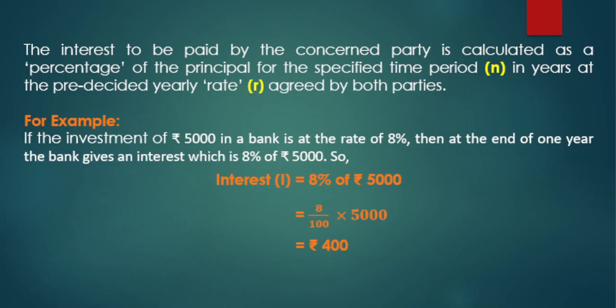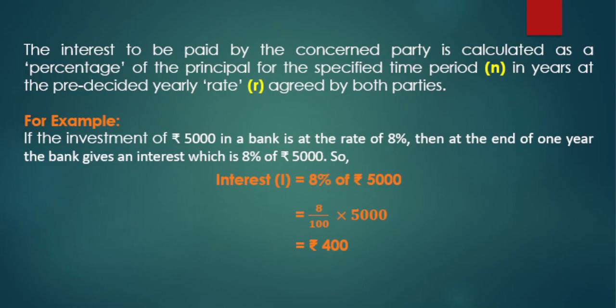If the investment of rupees 5,000 in a bank is at the rate of 8%, then at the end of 1 year, the bank gives an interest which is 8% of 5,000, which is 400 rupees. So the interest paid by the bank is rupees 400.